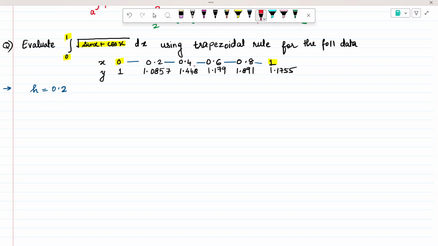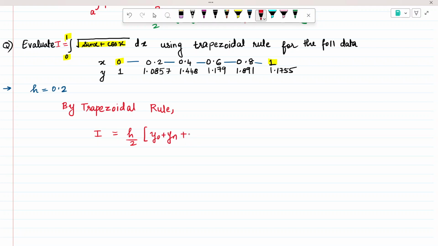Let's write down the formula for the trapezoidal rule. Always make a habit of writing the rule which you're using and its formula. So by the trapezoidal rule, the integral from 0 to 1, let me call this I, so I don't have to keep writing it repeatedly. This integral I would be equal to, the formula says, h over 2 times y0 plus yn, the sum of the extreme terms, correct?